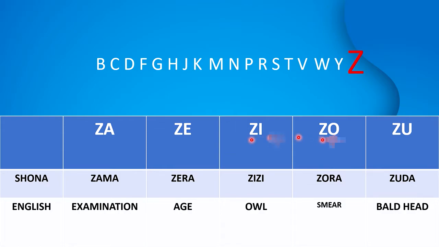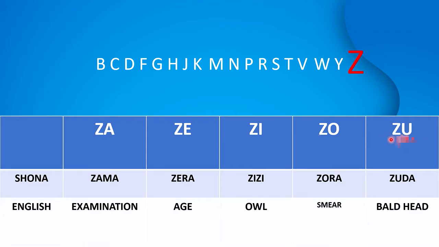When you combine it with O, it's zo. When you combine it with U, it's zu. Okay, so it's za, ze, zi, zo, zu.